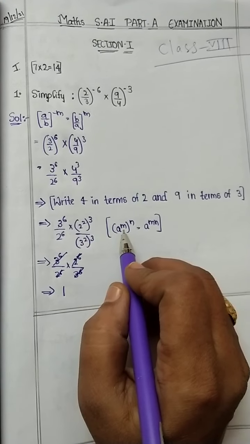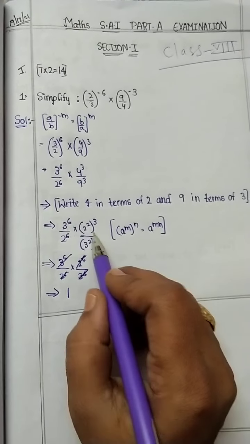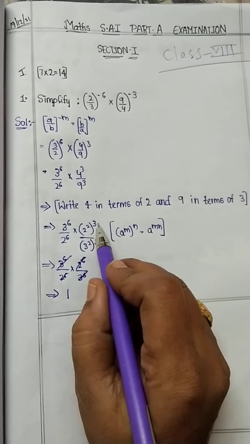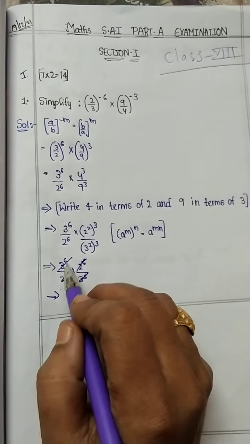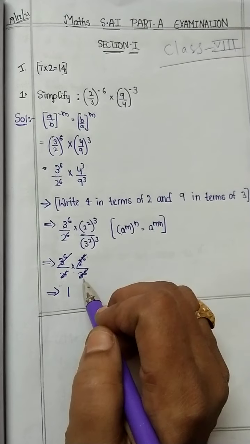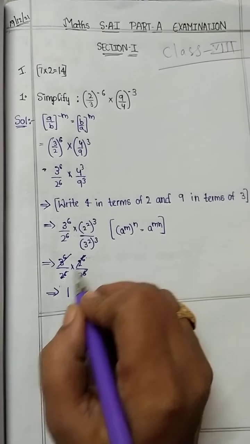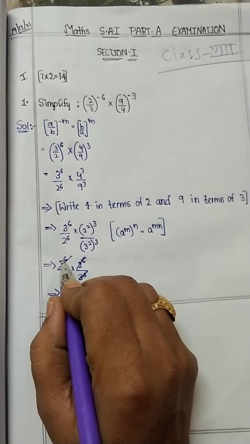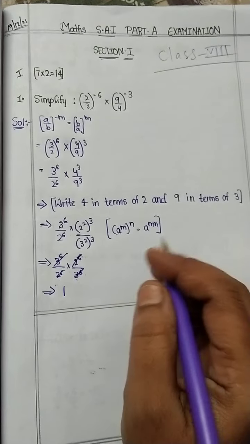Here we should use the formula (a^m)^n = a^(m×n). So 2 times 3 is 6, 2 times 3 is 6 will come. So 3^6 by 2^6 into 2^6 by 3^6. Here 2^6 numerator and denominator will cancel, and here also numerator and denominator will cancel. Here the answer is 1.